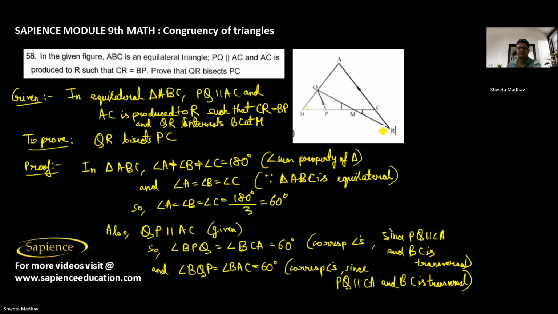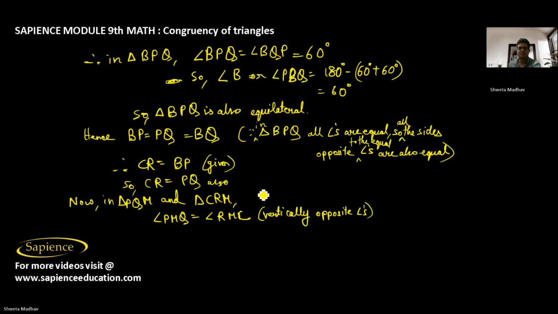And CR is equal to PQ, and also we can see that angle QPM is equal to angle RCM, since they are alternate interior angles.